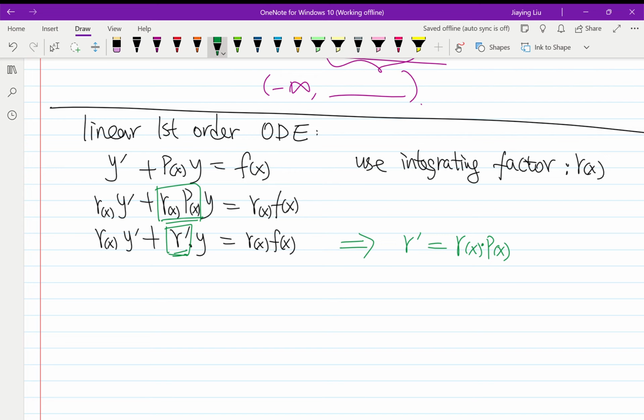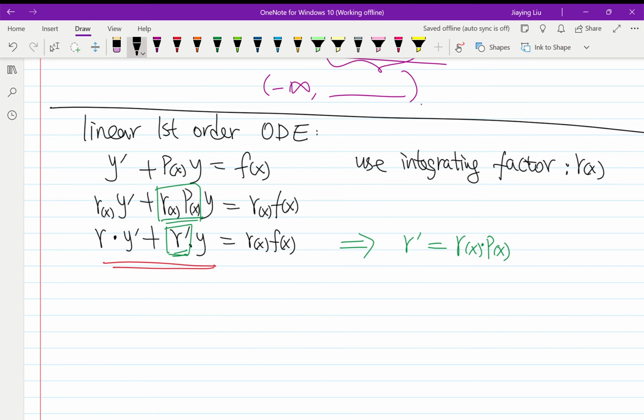All right, what's the benefit of this? If you look at those two terms on the left, does that look familiar? When was the last time you saw that expression? Let me delete this R of x, just leave the R there. The product rule, right?